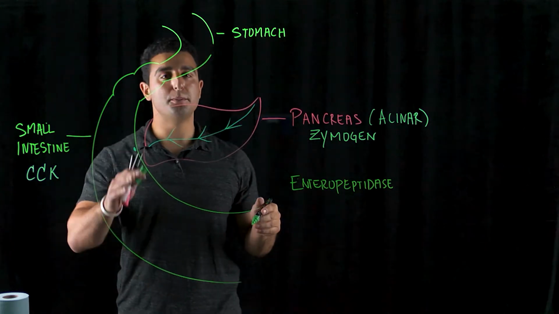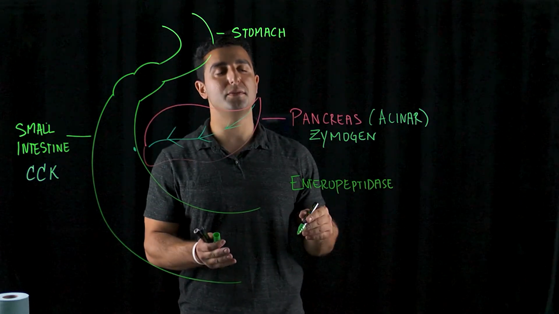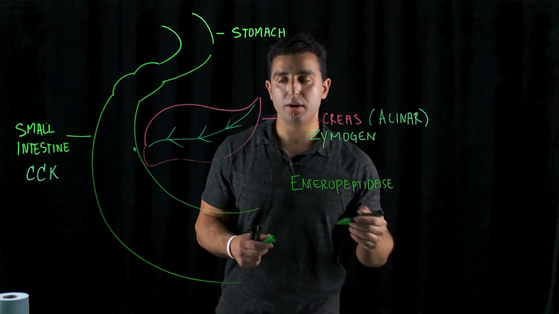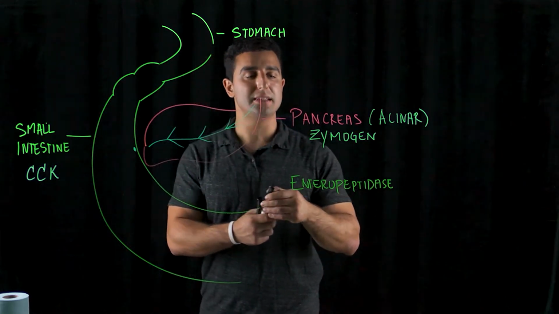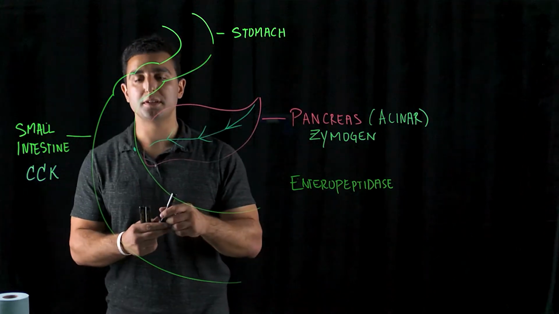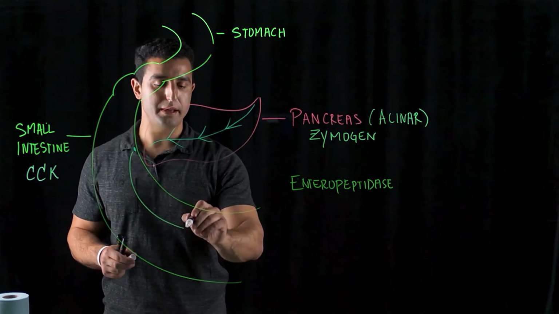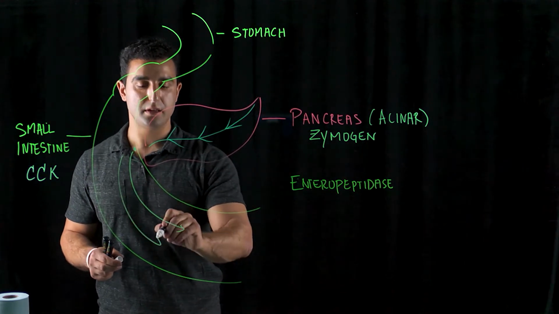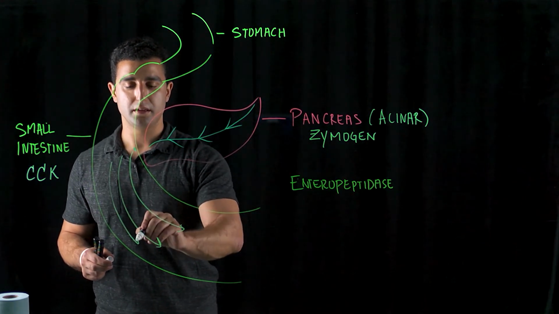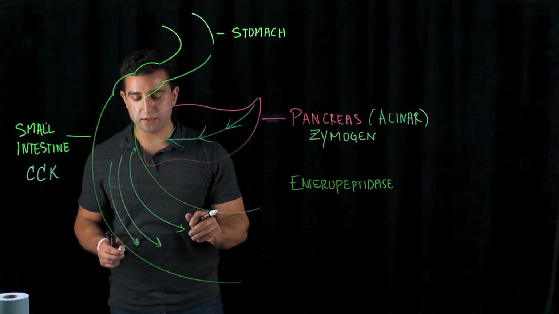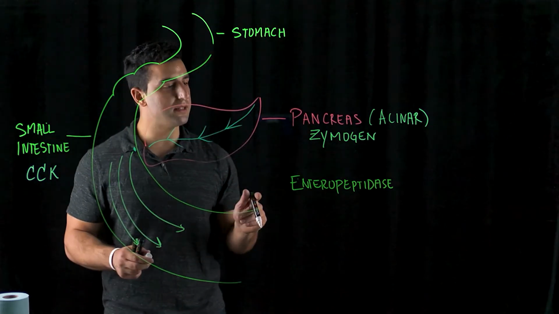There are multiple proteases that enter the duodenum in the inactive zymogen form. However, the one that becomes the rate-determining enzyme is trypsinogen. Trypsinogen comes in from the pancreas along with all these different proteases. You have your chymotrypsinogen, trypsinogen, and your procarboxypeptidases.